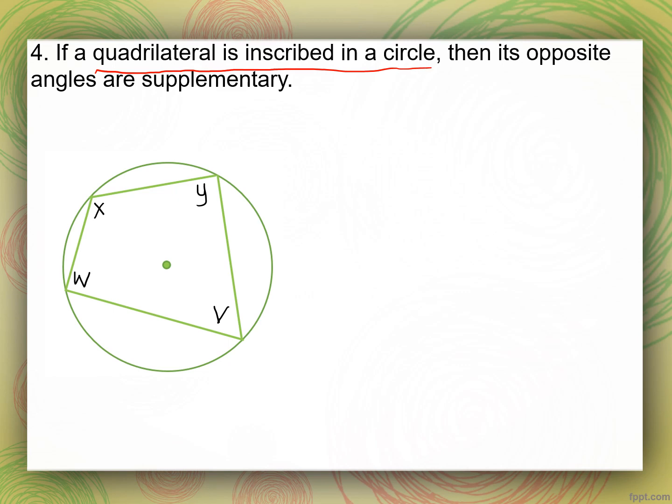If you read some books, you will see the word cyclic quadrilateral. They mean the same thing. It means that the vertices of your quadrilateral lie on a circle. Then its opposite angles are supplementary.